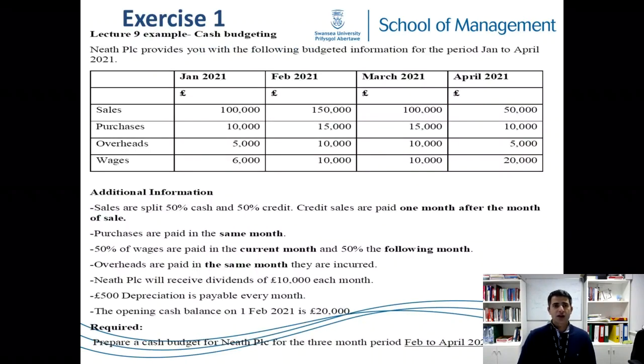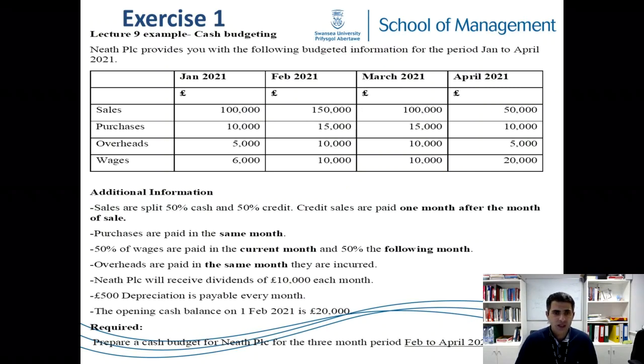Right, now to make your life easier, what I'm going to do is go through this question on cash budget. If you look at this question, you will see the information available from January 2021 to April, including the sales, purchases, overhead, and wages.